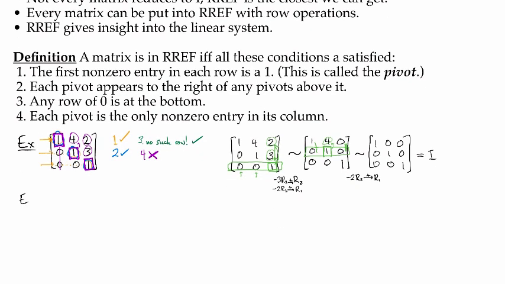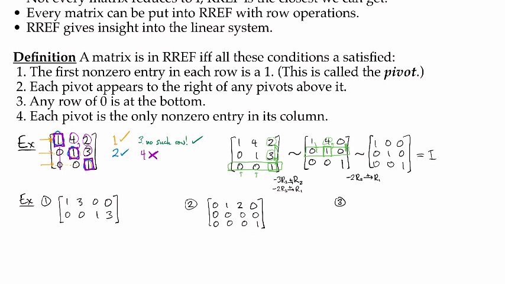Let's look at some other examples. Here are a few matrices: one with rows 1, 3, 0, 0 and 0, 0, 1, 3; another with rows 0, 1, 2, 0, 0, 0, 0, 0 and 0, 0, 0, 1; and another with rows 1, 2, 3, 0, 0, 1, 0, 0, 0.